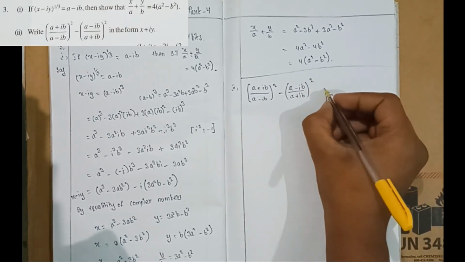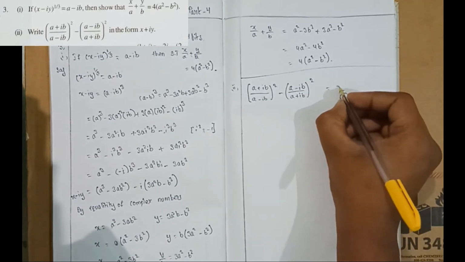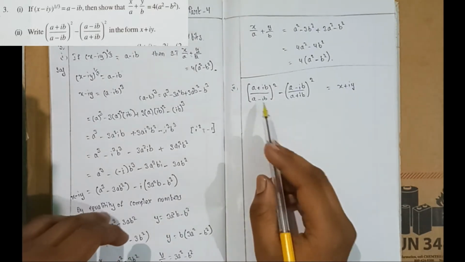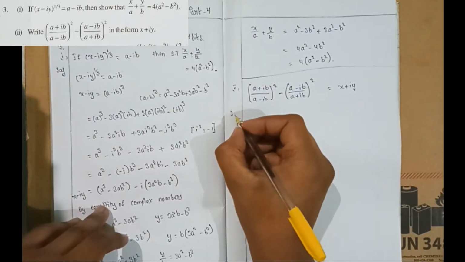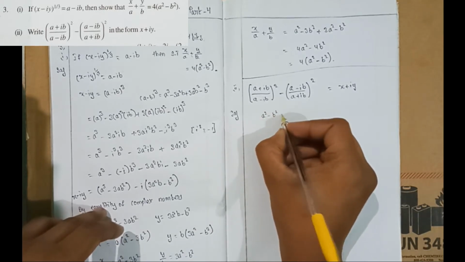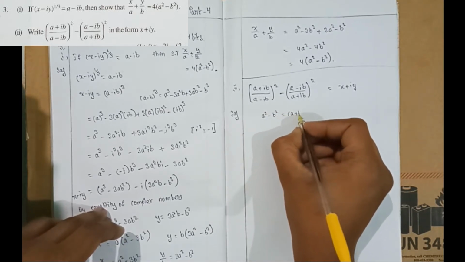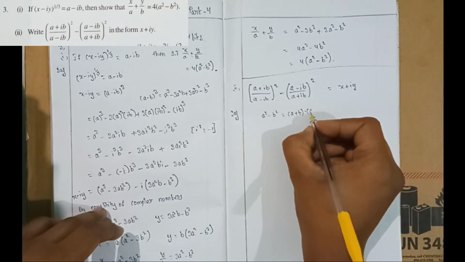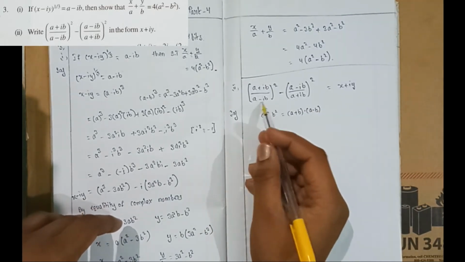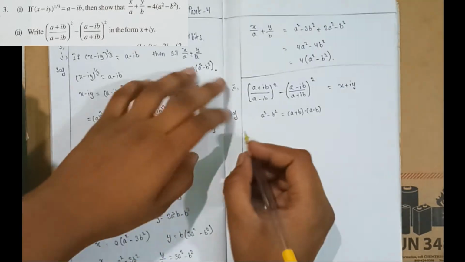We have to convert this into the form of x plus iy. So it is in the form of a square minus b square. The formula is (a plus b) into (a minus b), so we have to do a plus b into a minus b.